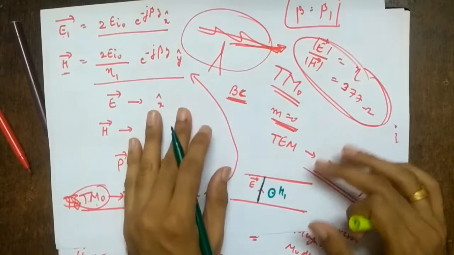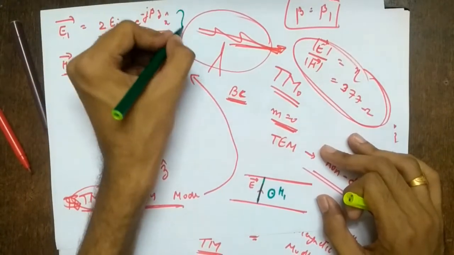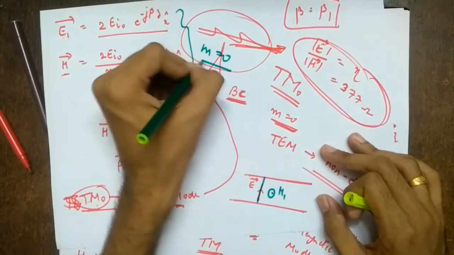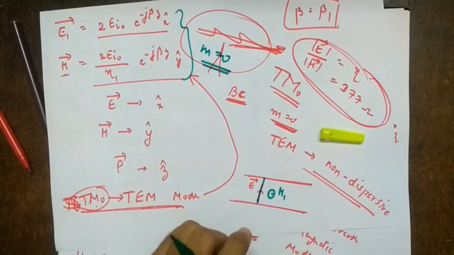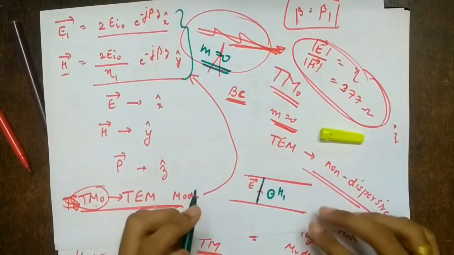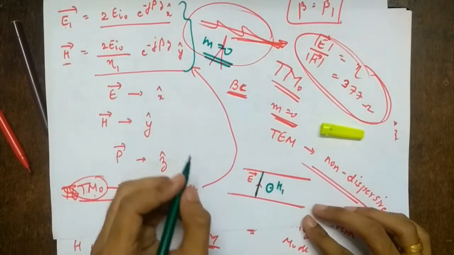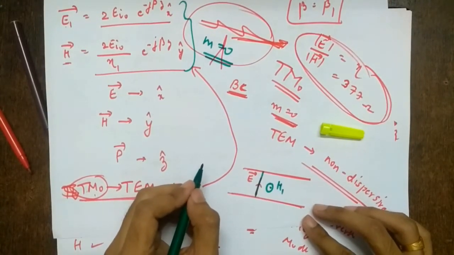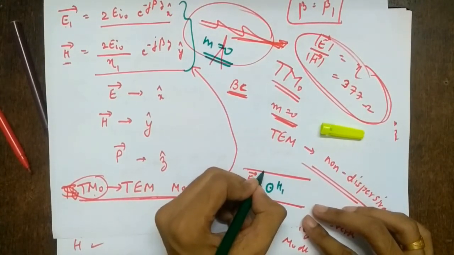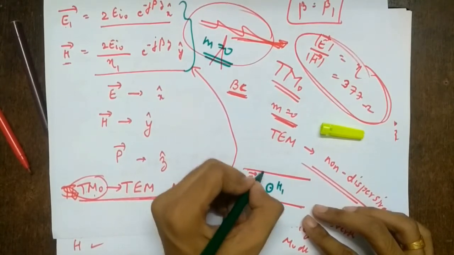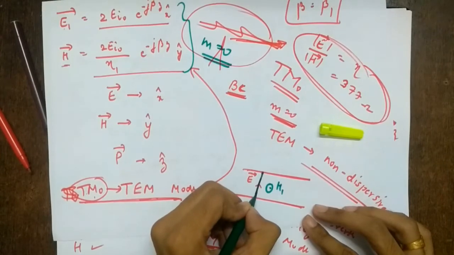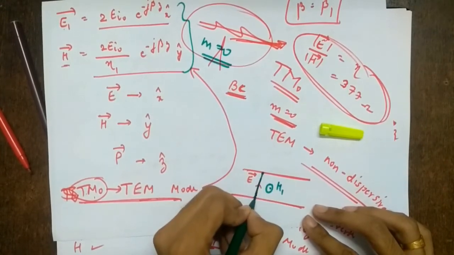This we have done for m equal to 0, right? And what is the value of m? m is 0, right? It means there are no variations of the electric field. No variations means whatever is the field here, that will be the field here too. This entire value is constant. So here also it is 0, here also it is 0.